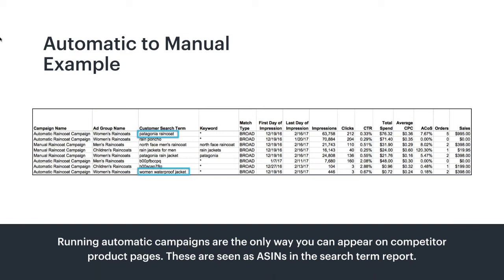Someone is browsing a competitor's product and they see your product on that page under the sponsored products related to this item, and they click on your product and you capture that sale and steal it from your competitor. So that's where you see the ASINs in the customer search term report. Unfortunately, you can't add that as a negative or add them as manual keywords, so the automatic campaign is the only way to show up on competitor product pages.